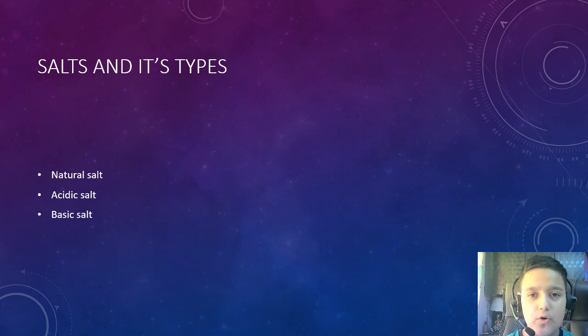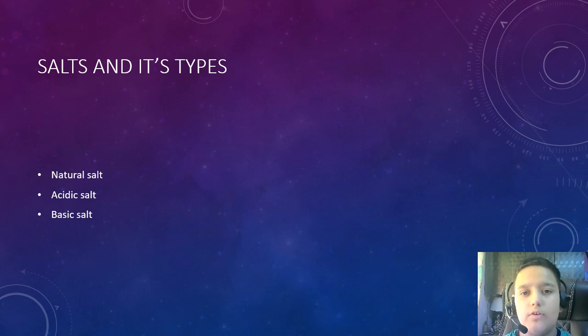So I have told you what salt is, and now in this slide I'm going to tell you about salts and their types. So let me just remind you that salts are formed when acids and bases react with each other.